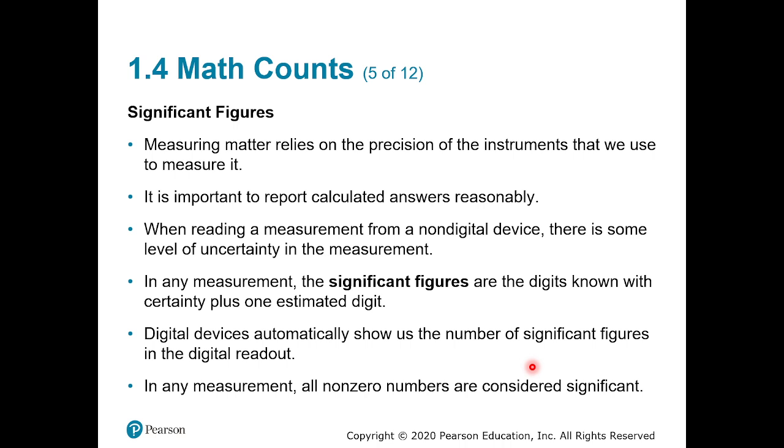That's it. Okay. They've actually incorporated the significant figures into the readout on the instrument. So in any measurement, all non-zero numbers are going to be considered significant. So all of the non-zero numbers that are after a measured value, so like 1.000, those zeros are significant.